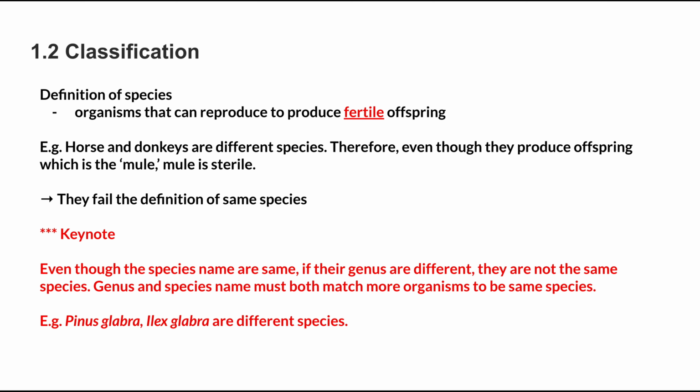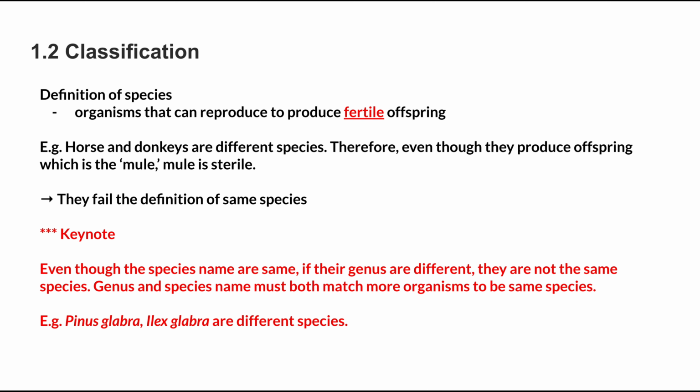We first need to understand the definition of species. The definition of species at IGCSE level is organisms that can reproduce to produce fertile offspring. What fertile means is that offspring can breed with another offspring to produce a new generation. For example, horses and donkeys are different species. Even though they produce offspring, the mule is sterile, so it's infertile.